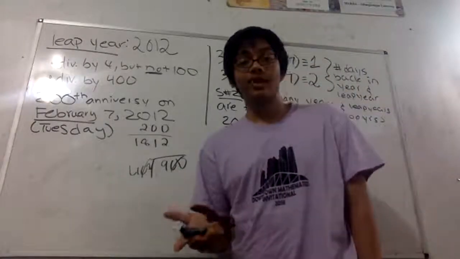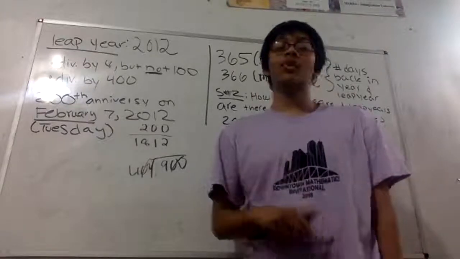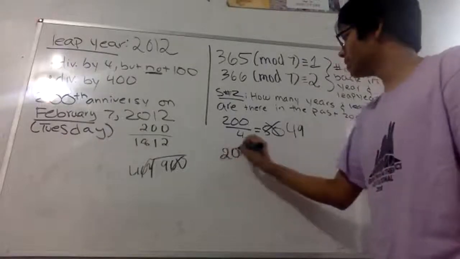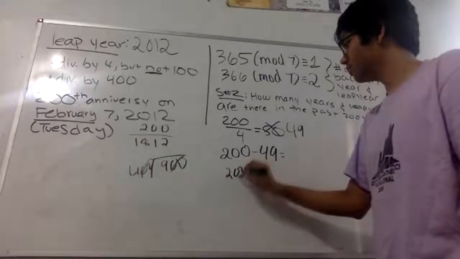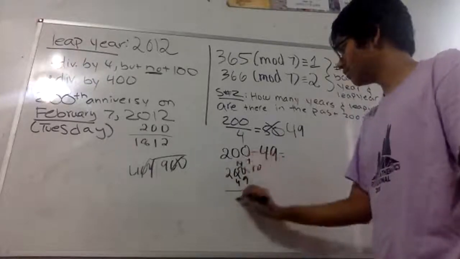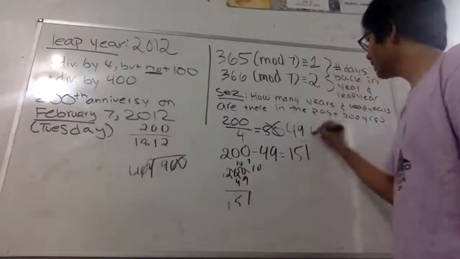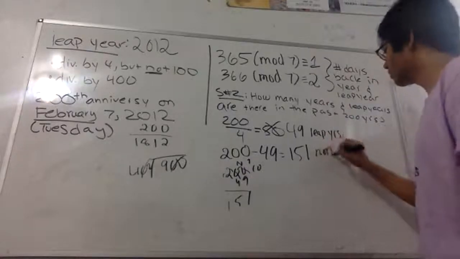We know that there were 49 leap years in the past 200 years. So what about normal years? Well, if there are 49 leap years, the number of normal years will simply be 200 minus 49, which comes out to 151. So 49 leap years and 151 normal years.